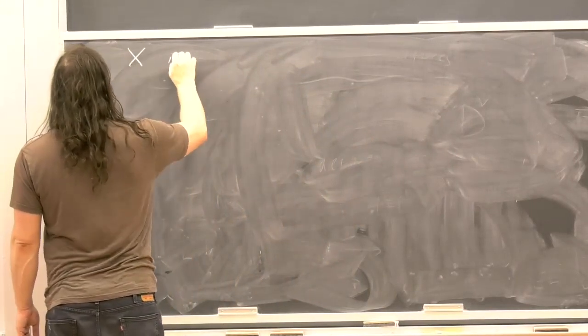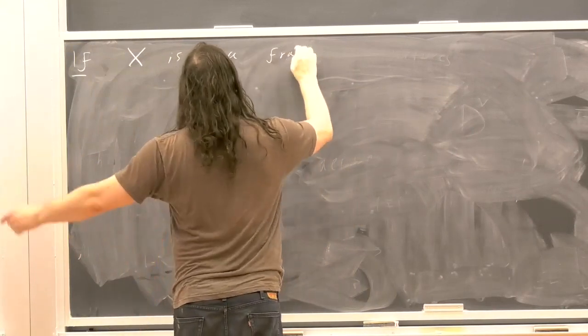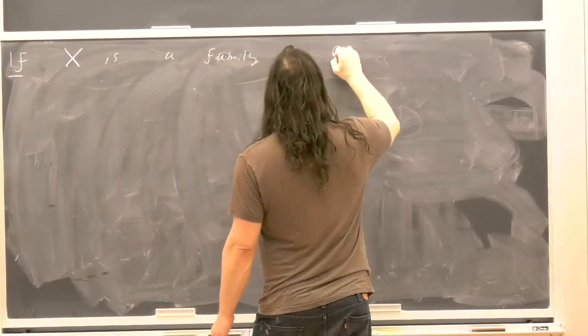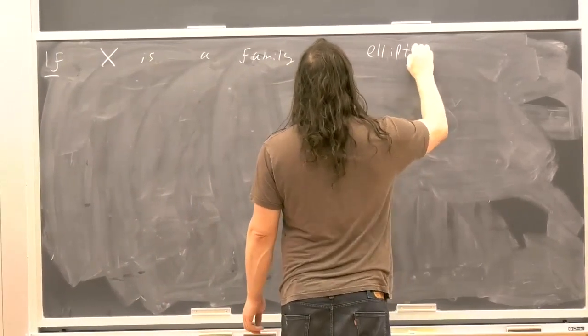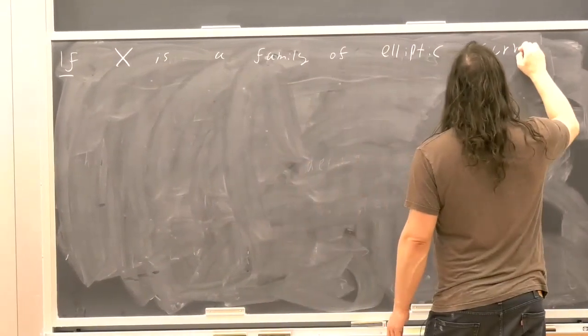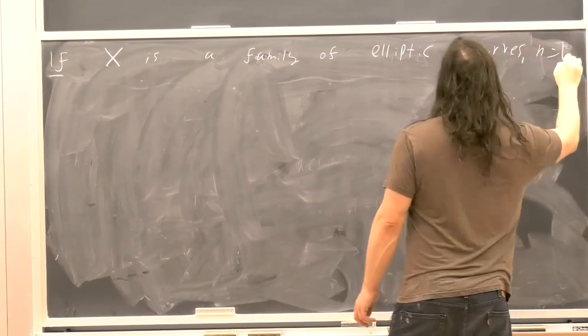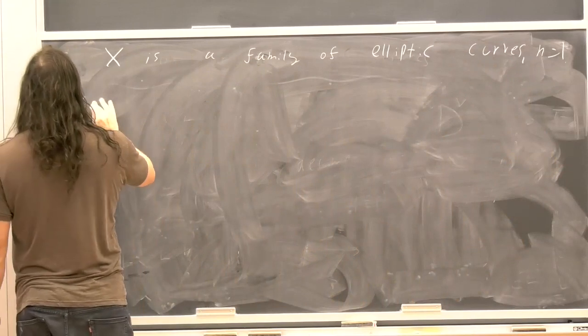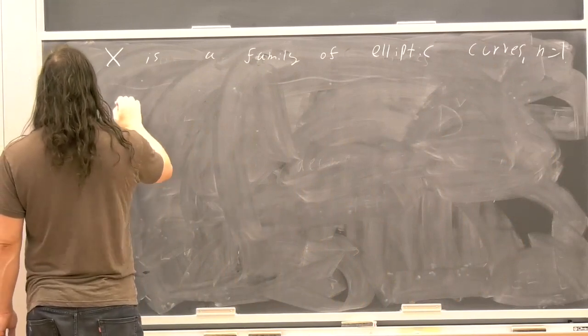If X is a family of elliptic curves over S, and we take n to be 1, then D check is P1.